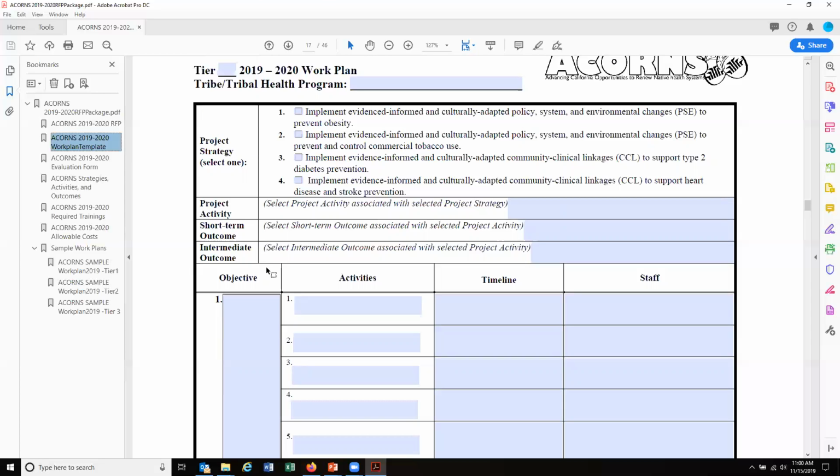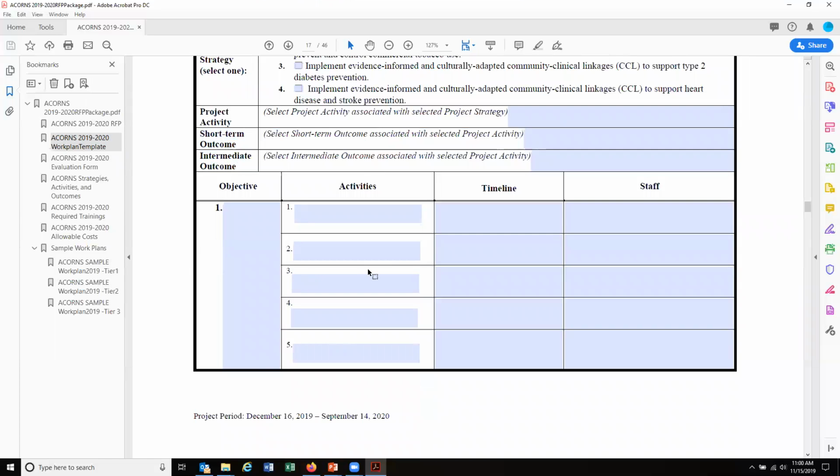So if you can imagine an upside down triangle, our project strategy is that top base layer, and then as we go down closer to the point, our activities and tasks are kind of the point of that triangle. And again, that triangle is all leading to our intended outcomes. So hopefully that makes sense in a logical flow, that all the work that we're doing with this project is done intentionally and for a purpose of meeting those larger goals.